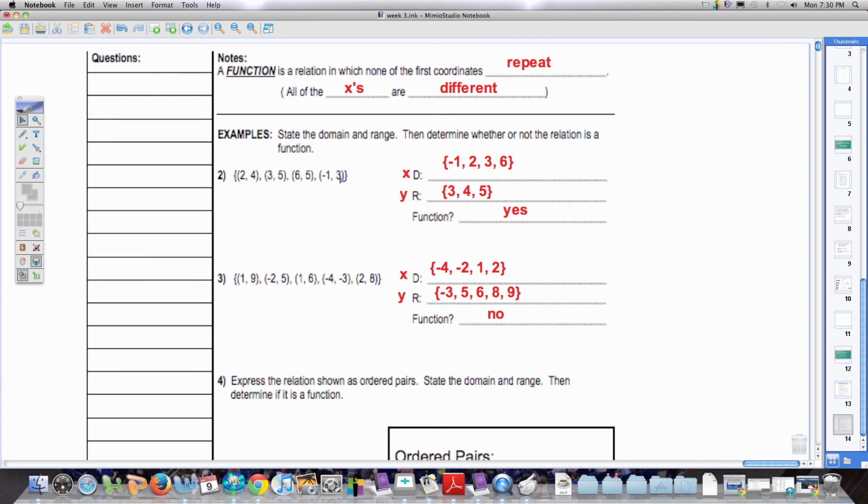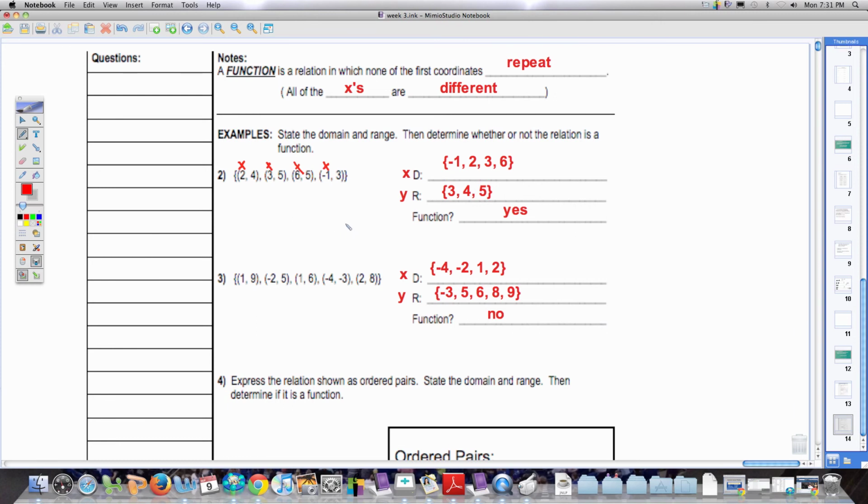Looking at these points, I've got (2, 4), (3, 5), (6, 5), and (-1, 3). All I care about are the x coordinates. So I've got 2, 3, 6, and -1.